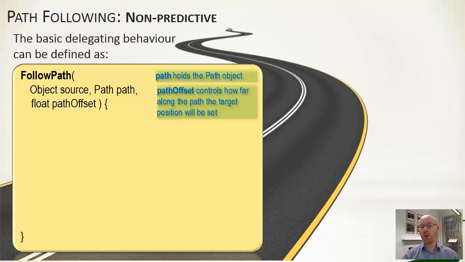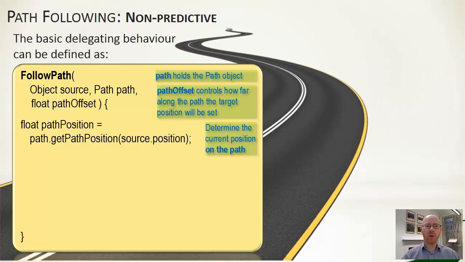So if it's a very small value, we're really looking just a little bit down the path, or for the next few steps. If it's a larger value, we're peering further down the path and seeking towards that point. Now, when we call the method, first thing we want to do is to work out, okay, well, whereabouts are we on the path? So we are assuming here that in our path class, we're going to have a method where I can pass in a position, and it will then return me the distance along the path that's closest to that position.